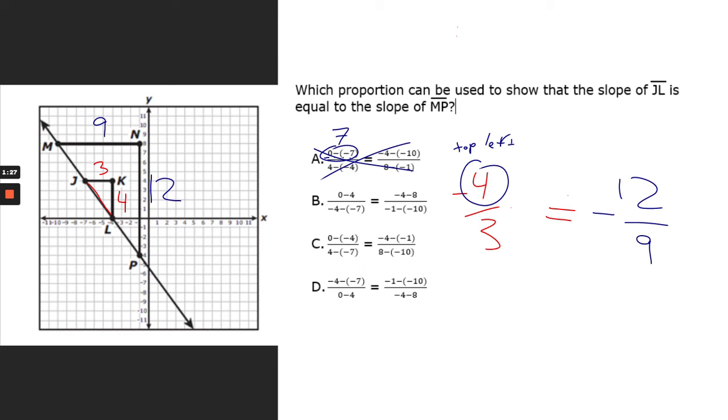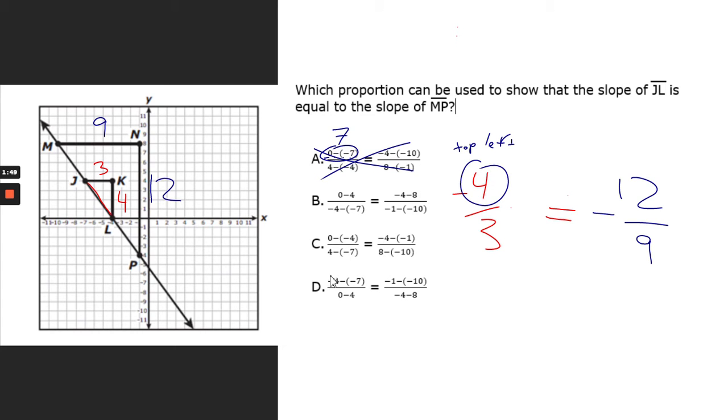I'm showing you a way you don't have to simplify every single part of that proportion. We can just simplify one piece. If it doesn't match, then you can mark that answer out. Okay, moving on. Let's look at answer choice D real quick. Everything needs to match. One of the things I do is find the easiest problem I can do out of these four.